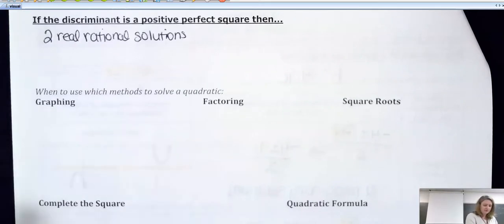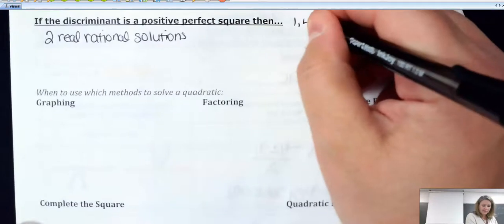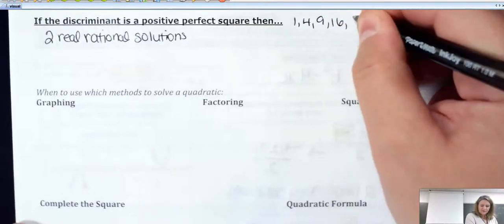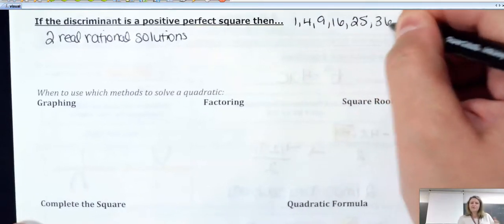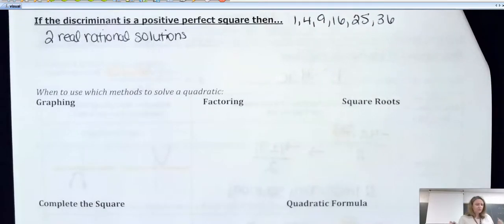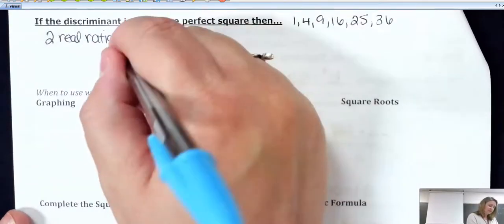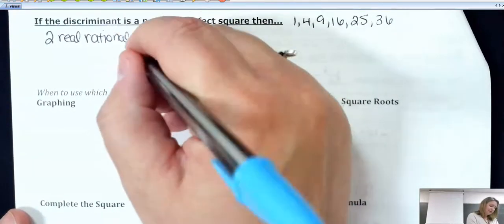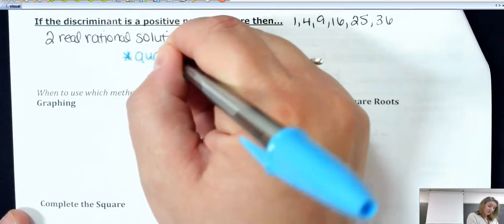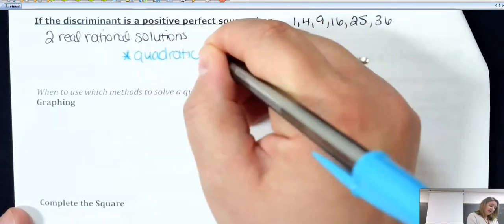So when I say perfect square, I mean like 1, 4, 9, 16, 25, 36, 49, those types of numbers. Okay, the other thing that is going to be something you want to know here. If you have two real rational solutions, that means the quadratic you are working with here is factorable.